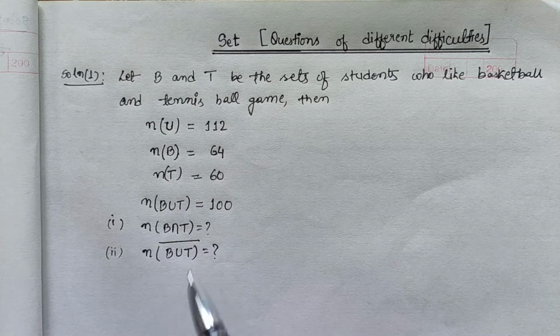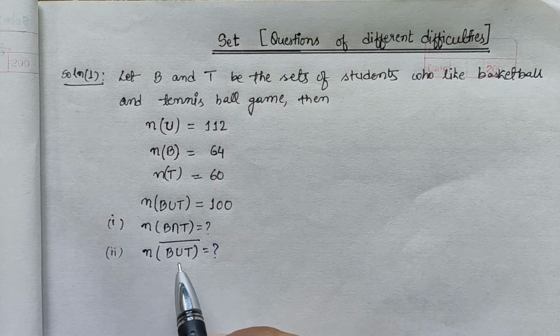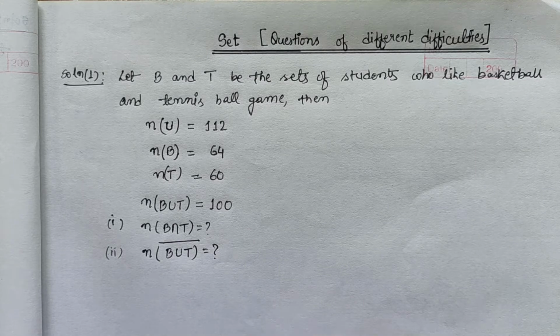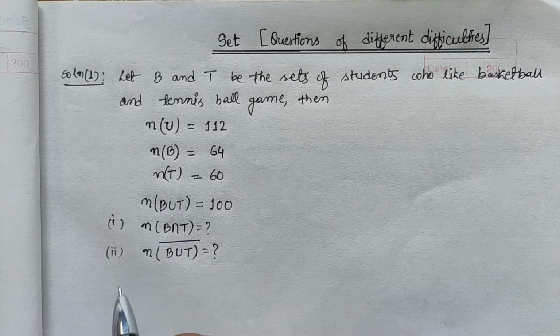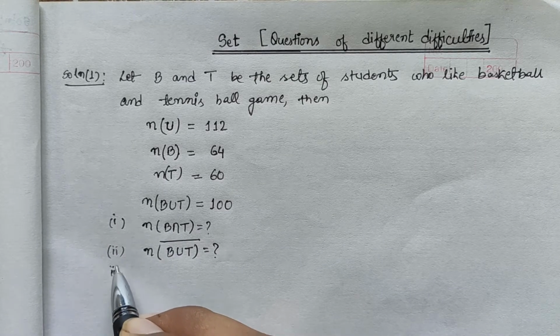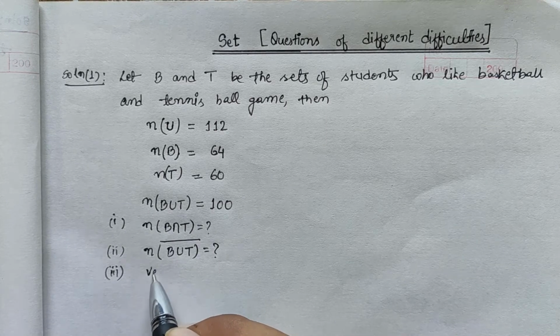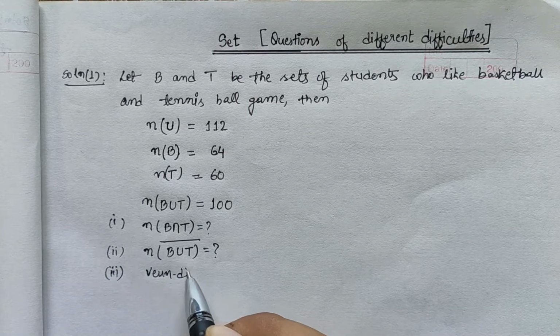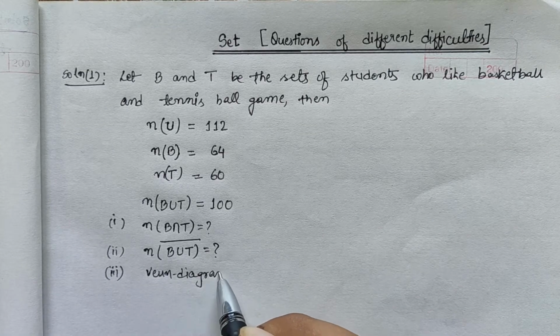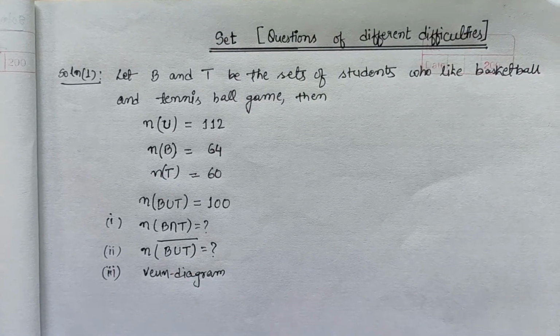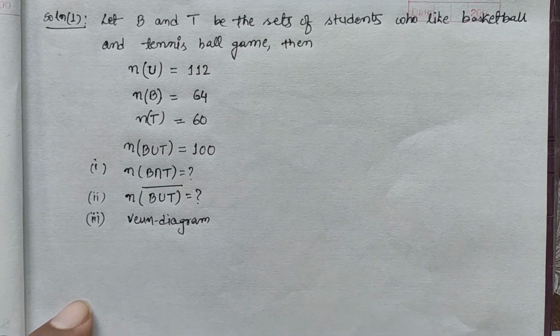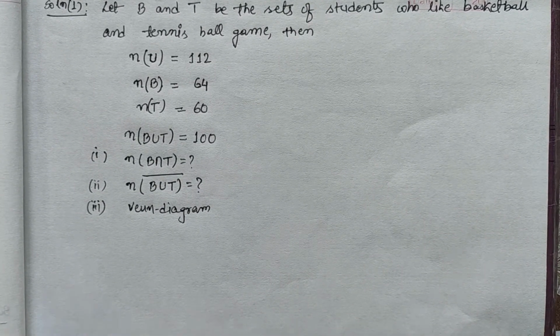So don't like means complement; you have to find the complement of the union. Then in the third part, you have to draw the Venn diagram. Okay, after writing this much, we will start our solving.